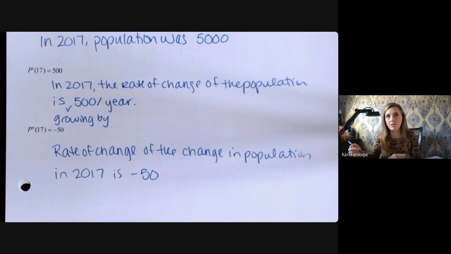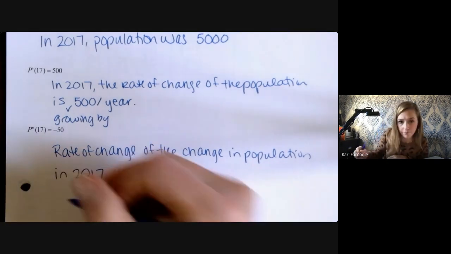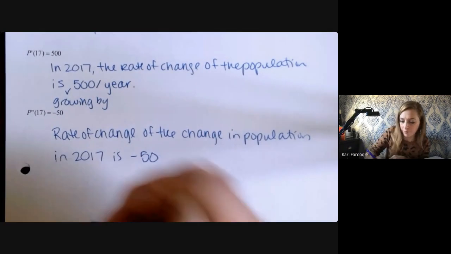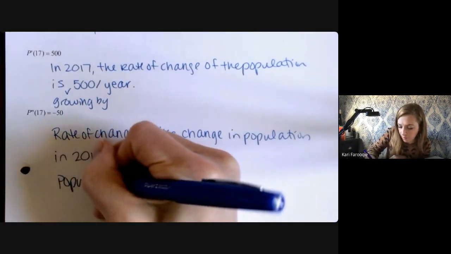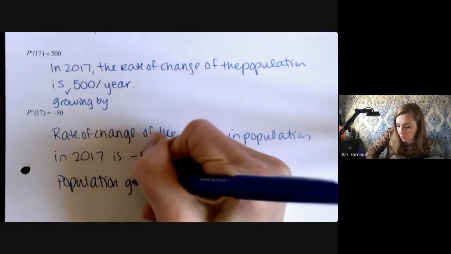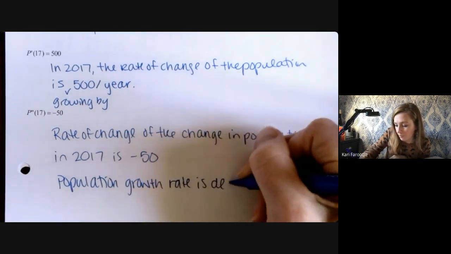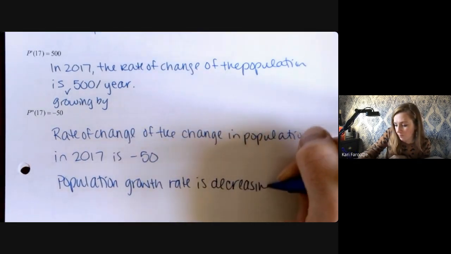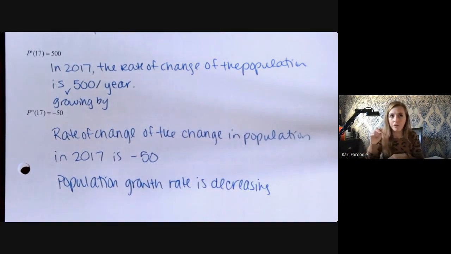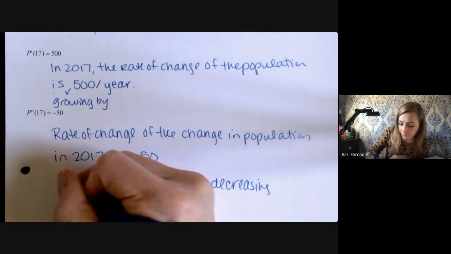And what that means is that your rate of change is decreasing. So the population growth rate is decreasing by 50 people per year each year.